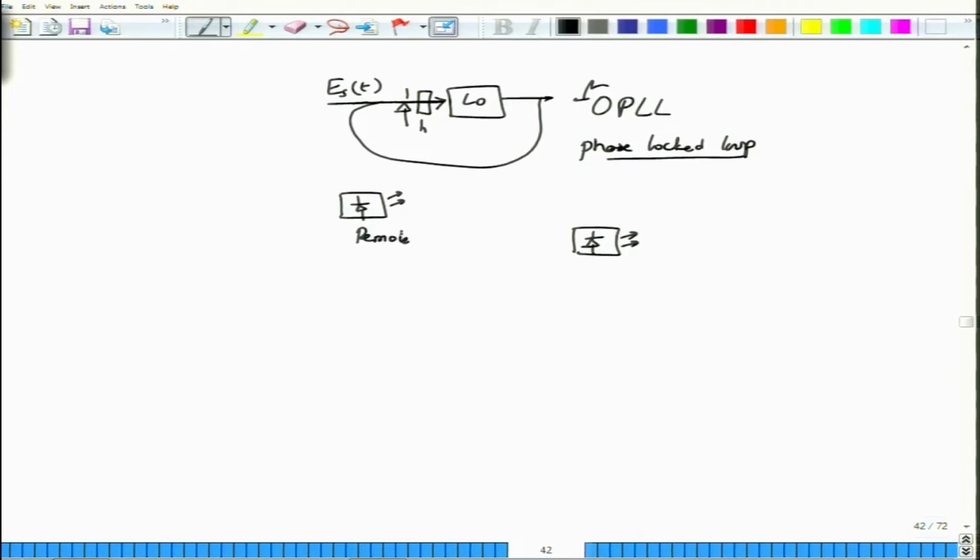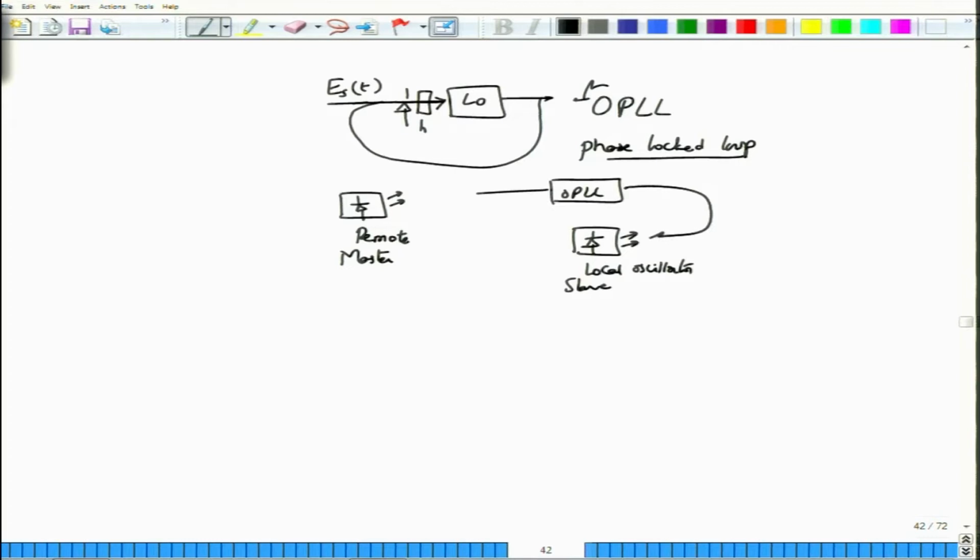This is the transmit laser, and then you have this one as the local oscillator, at the receiver side. You are trying to make this a master laser and this one a slave laser by putting this OPLL in the picture.